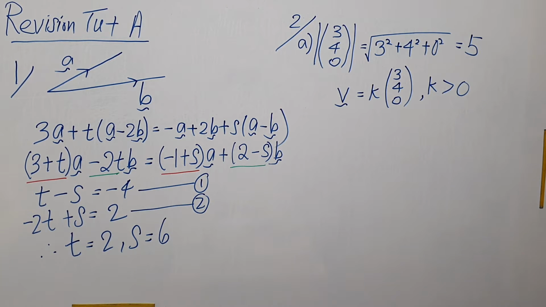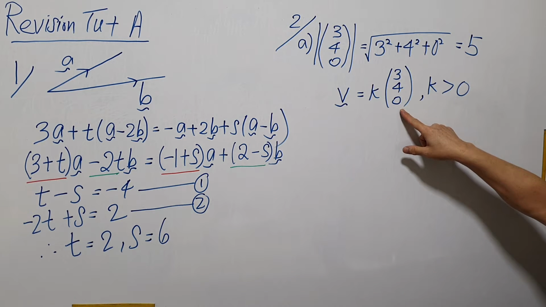If you have a positive multiple of another vector, not only are you parallel, you're also in the same direction. So now to find a vector in the same direction as (3, 4, 0) and having a magnitude of 260.